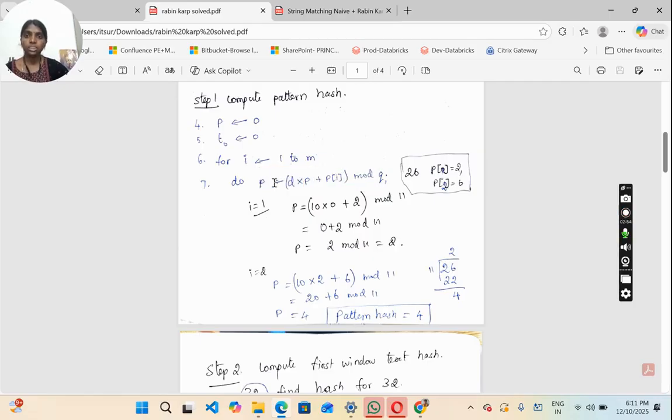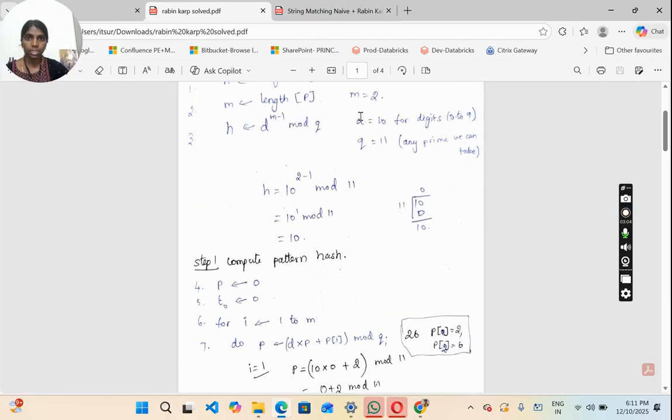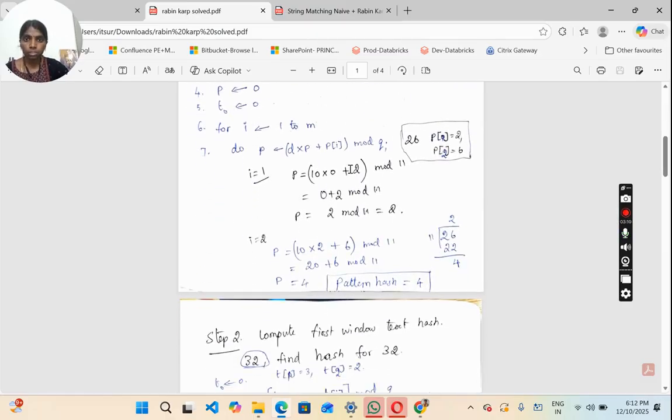The formula is p equal to d into p plus p of i mod q. We have taken d as 10, since it is digits, and q equal to 11. Initially we have assigned p as 0.